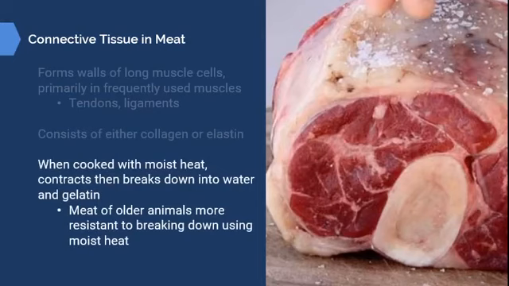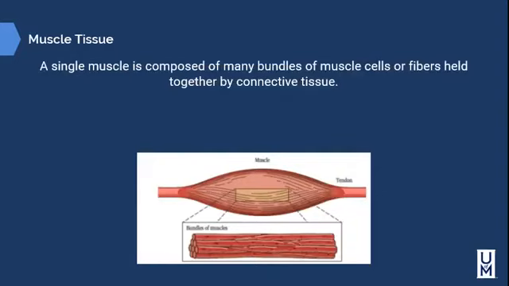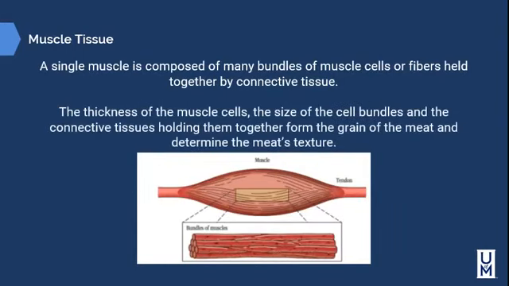The meat of older animals is more resistant to breaking down, so we use moist heat cooking methods in this process. A single muscle is composed of many bundles of muscle cells or fibers held together by connective tissues. The thickness of the muscle cells, the size of the cell bundles, and the connective tissues holding them together form the grain of the meat and determine the meat's texture.